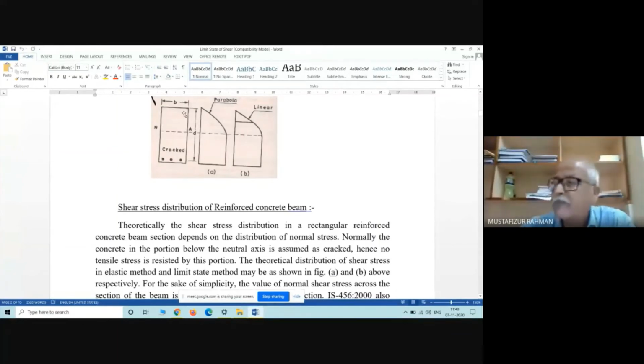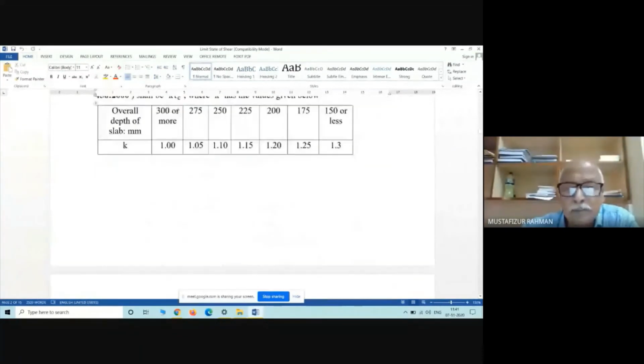That means in a concrete member, near each corner inside this section, you have to provide at least one bar. One bar at each corner. So here also we have to provide this. Now come to this figure.